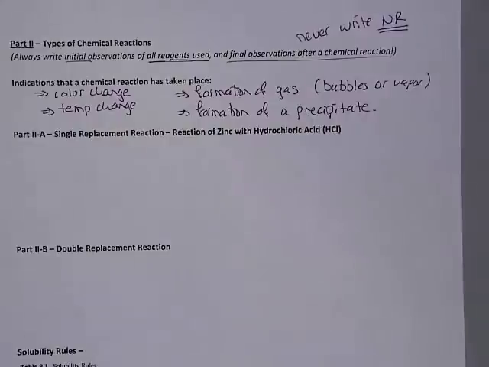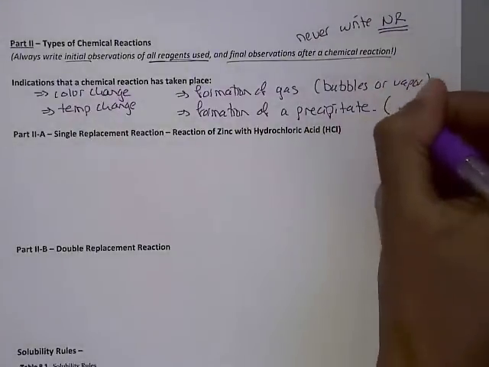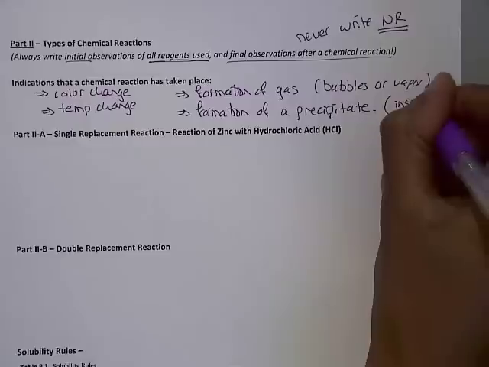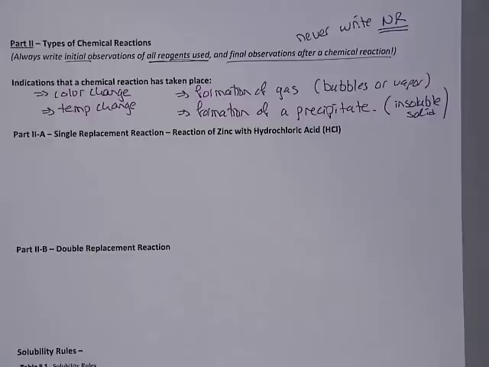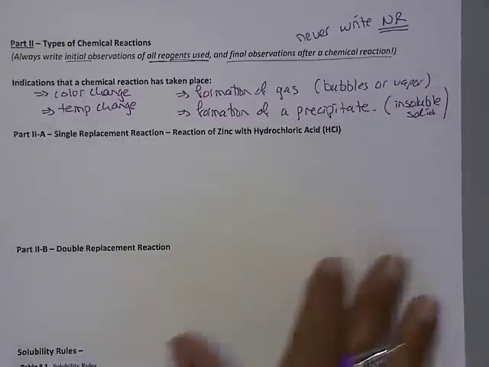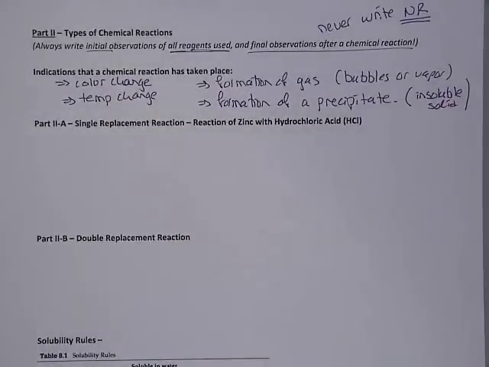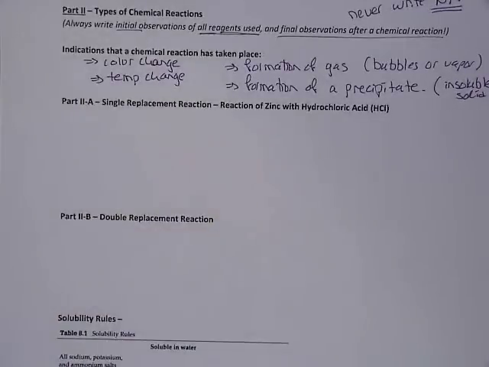So in experiment 2, formation of a precipitate. Remember, a precipitate is an insoluble solid. Now, precipitates can be very obvious, which they'll just sink at the bottom of your test tube, or they might not be very obvious and they might just be floaties around in your test tubes. Which brings us to a really important point. Make sure your test tubes are always clean before you use them, so that way your observations actually make sense.